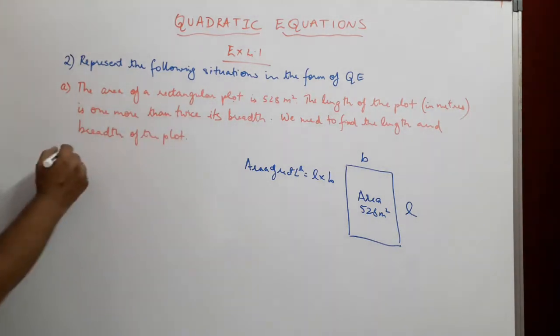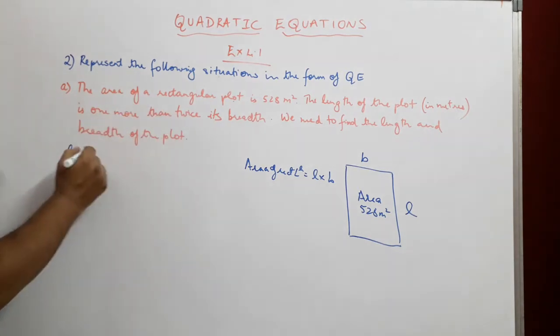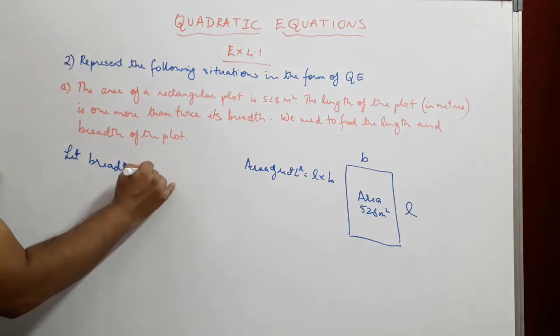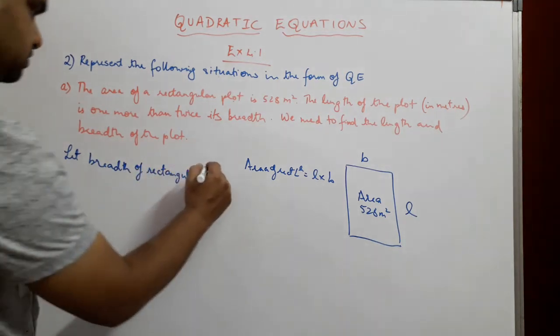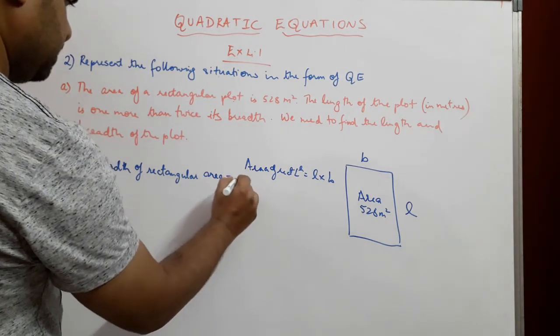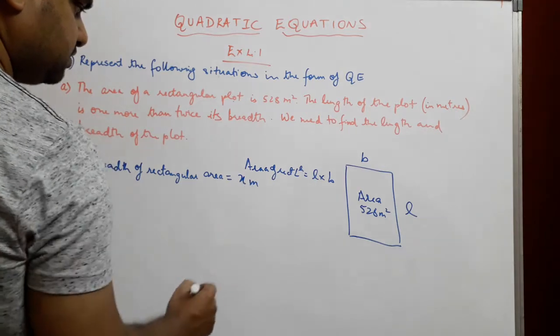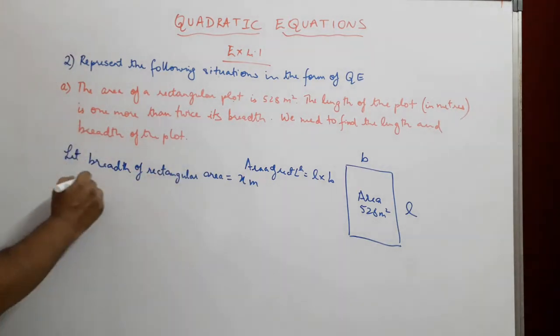Let us assume the breadth of the rectangular area be equal to say x meters. So what will be its length then?